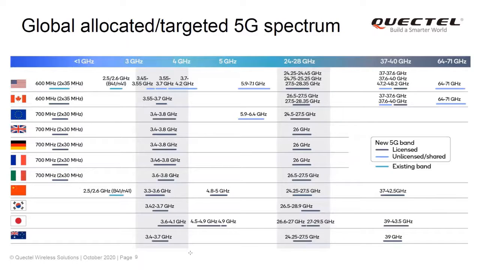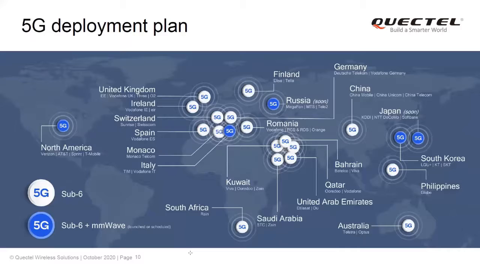Globally, the frequencies shown here were allocated to the 5G spectrum. You see there are different frequencies per country. And the deployment plan all over the world looks something like this. Sub-6 gigahertz is more spread in the world, and millimeter wave, which is over 6 GHz frequencies, is still in test.